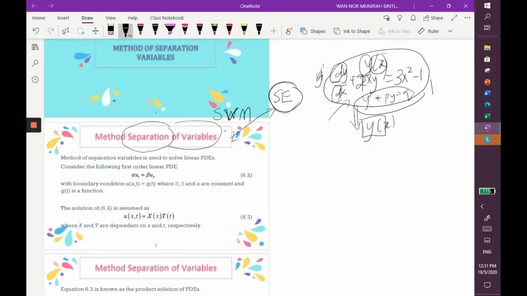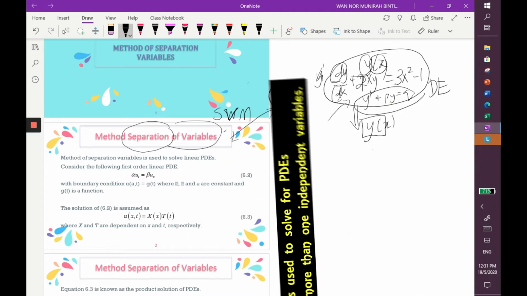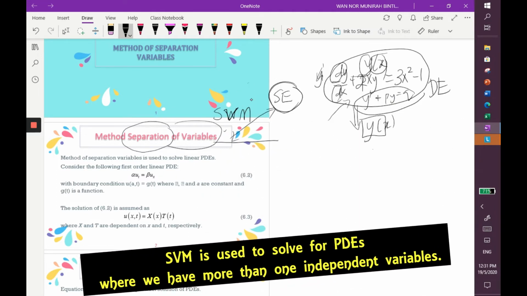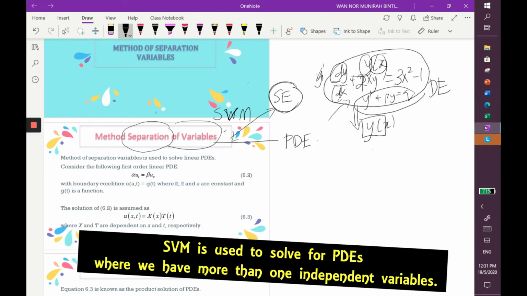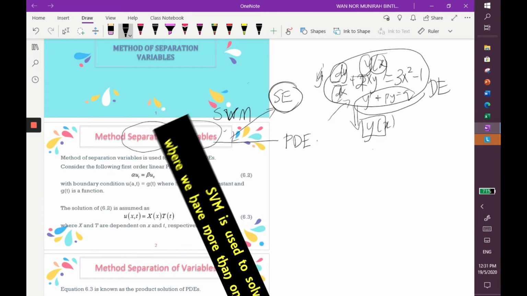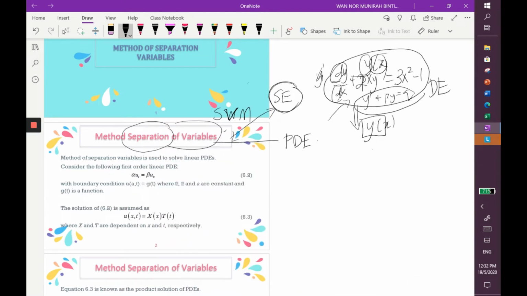This one is a differential equation, chapter 1. But for SVM, it is solved for partial differential equations where you have more than one independent variable. You get the idea? So that is the concept of the separable equation in chapter 1 and the separation of variables method in chapter 5.